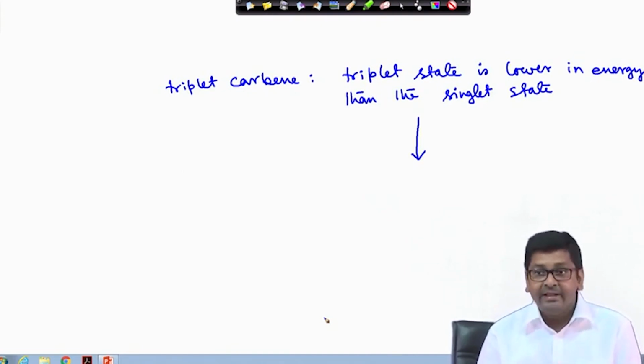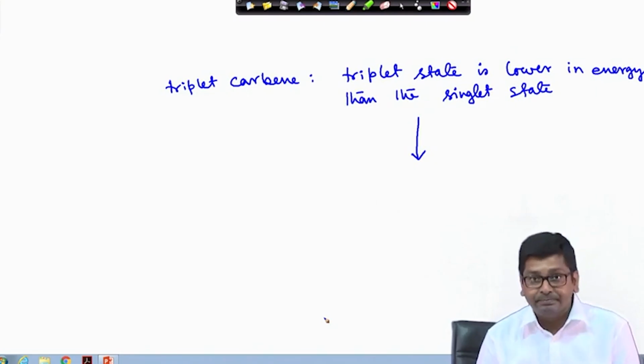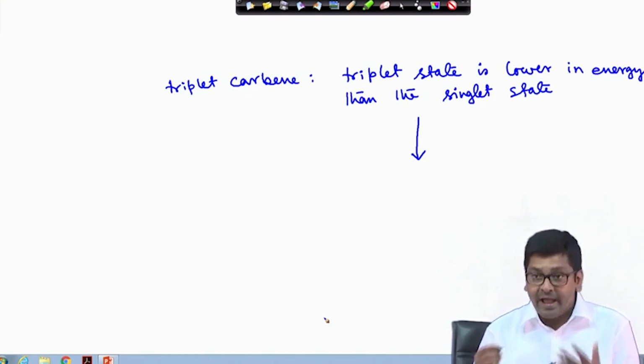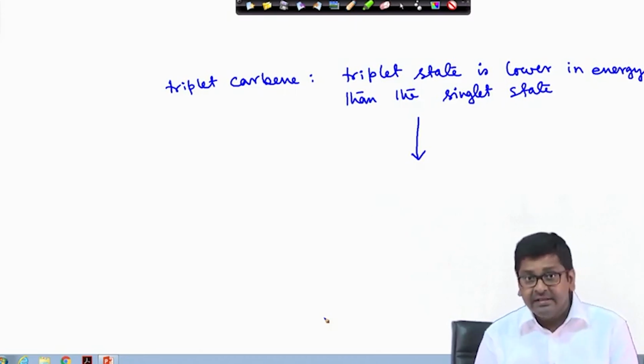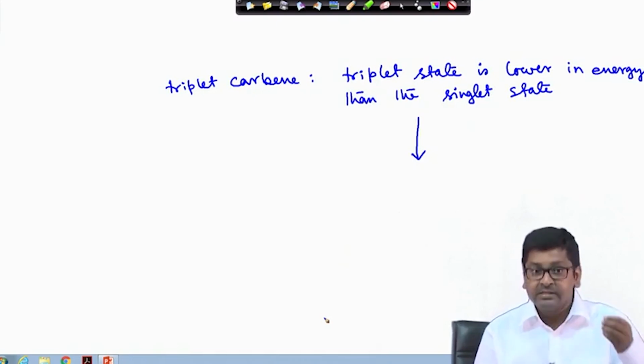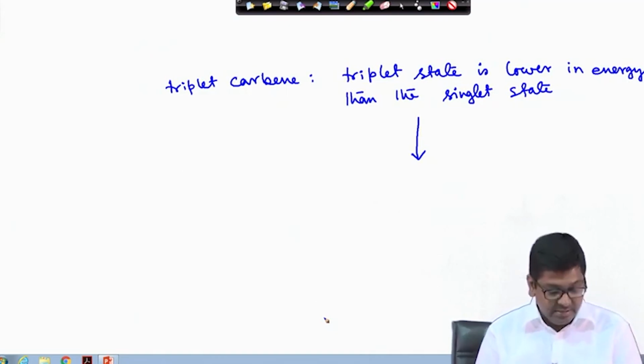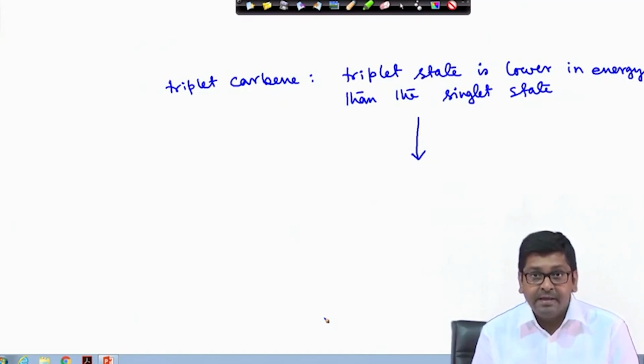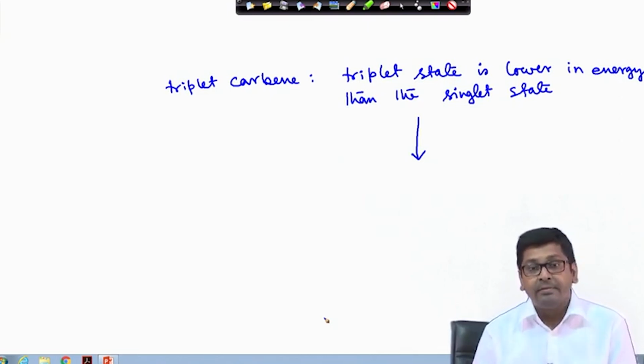If that repulsion energy is higher than the energy gained by bringing the p orbital electron down into the sp2 orbital, then it will be triplet.